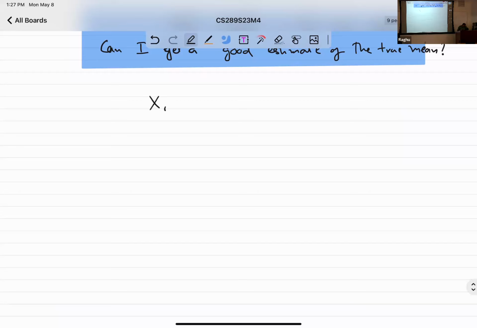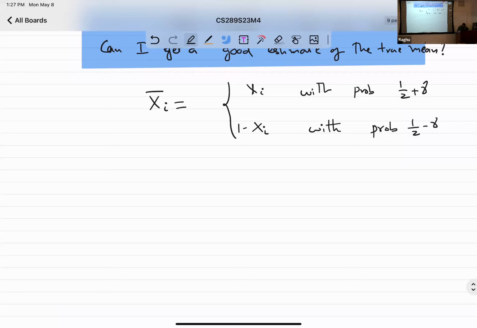Let's see. So we said xi bar is xi with probability half plus gamma and 1 minus xi with probability half minus gamma. Okay. So what is the average value of xi bar? You can just compute it, right?